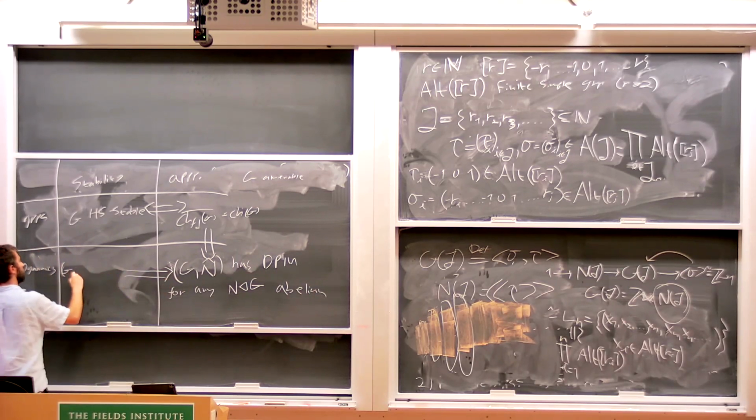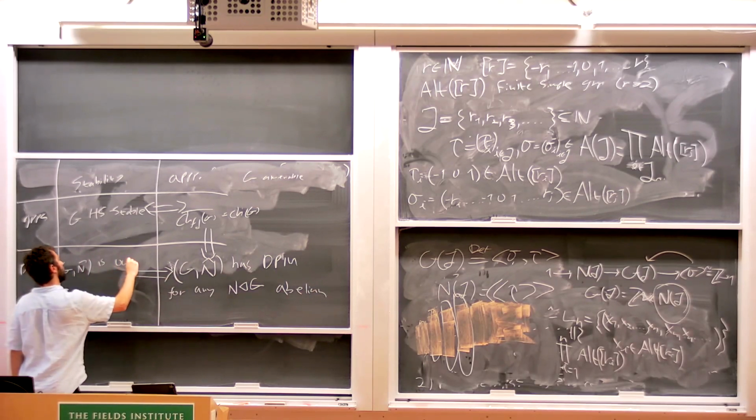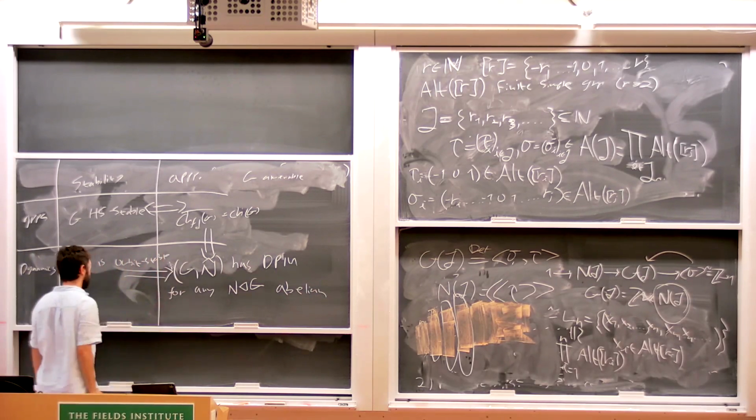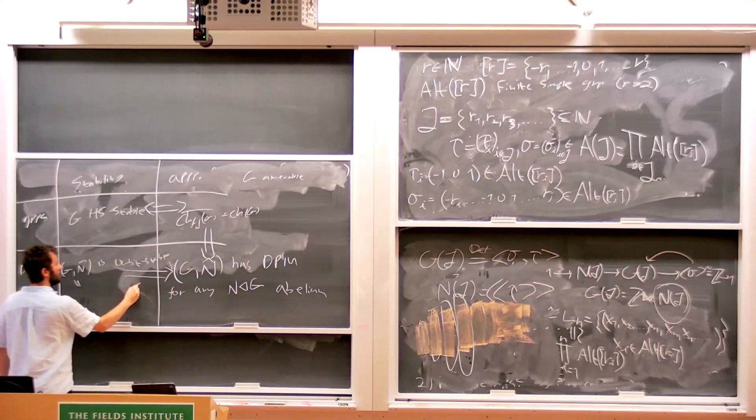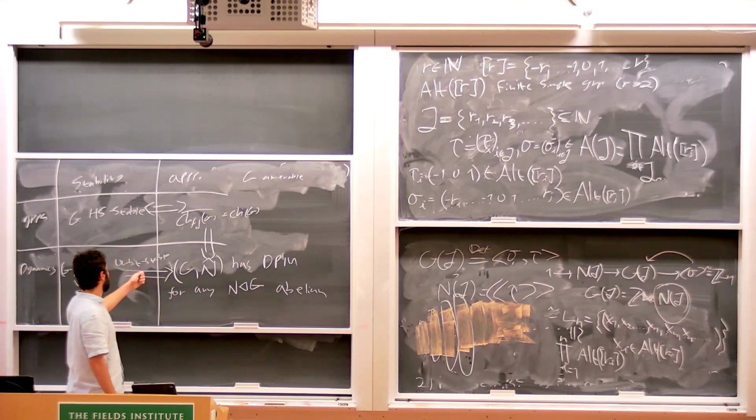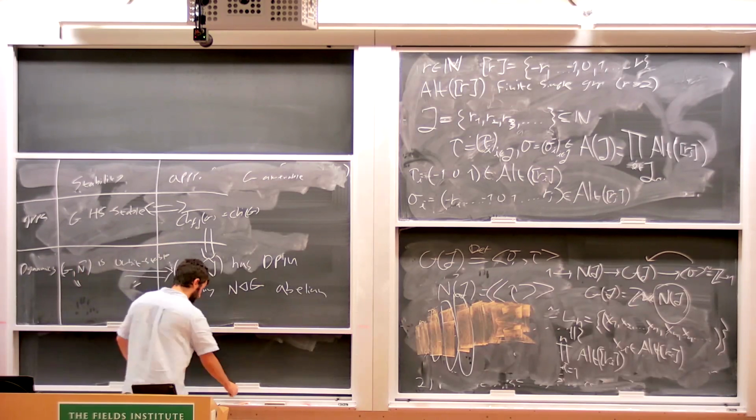So G is orbit stable. Once again, for any abelian normal subgroup. What we now want to do is to make those arrows more two-sided.